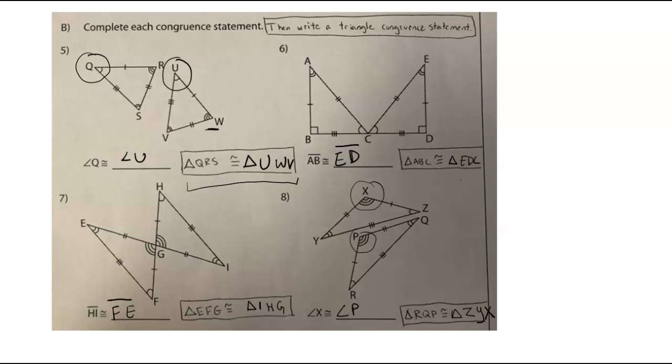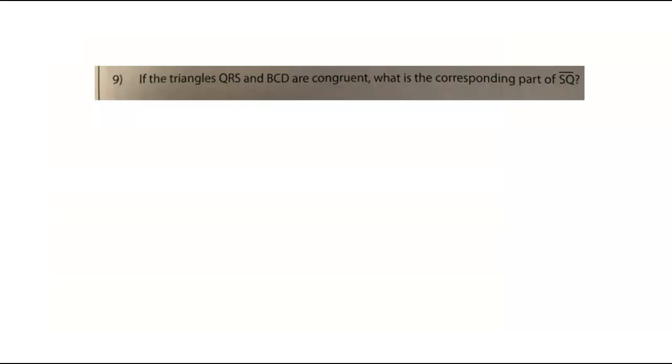All right, and then the last question on this worksheet says, if the triangles QRS and BCD are congruent, what is the corresponding part of SQ? That would be your first and last letter. So the corresponding part would be D and B. That would be your answer.